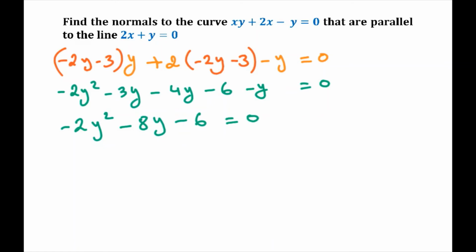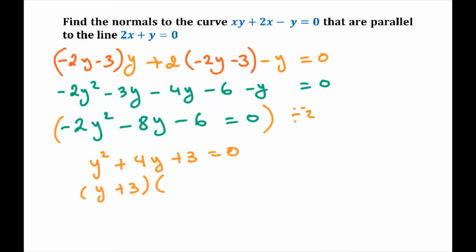I could divide the whole equation by negative 2. That's going to be y squared plus 4y plus 3 equal to 0. So y plus 3, y plus 1 equal to 0. So y is going to be either negative 3 or negative 1.